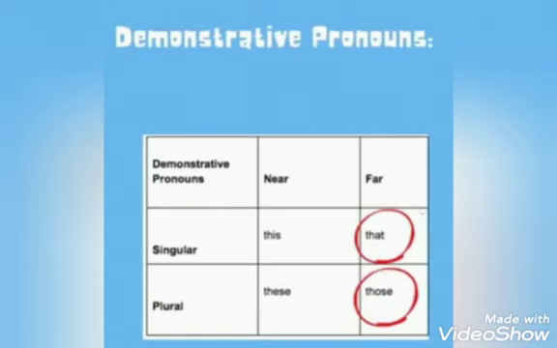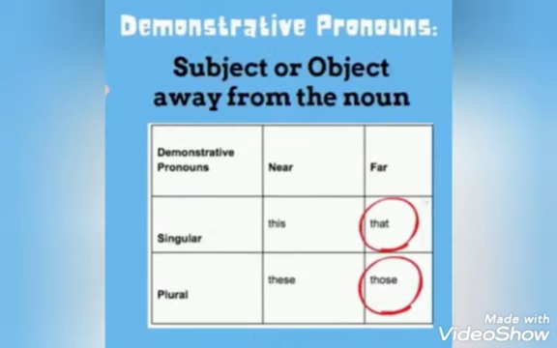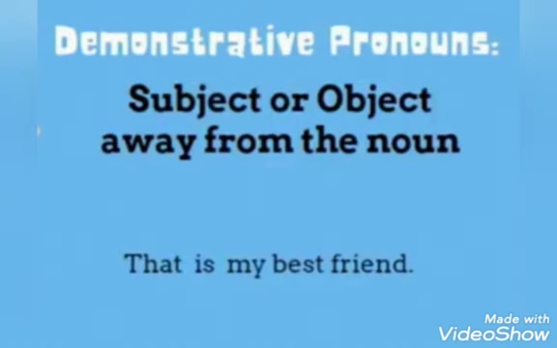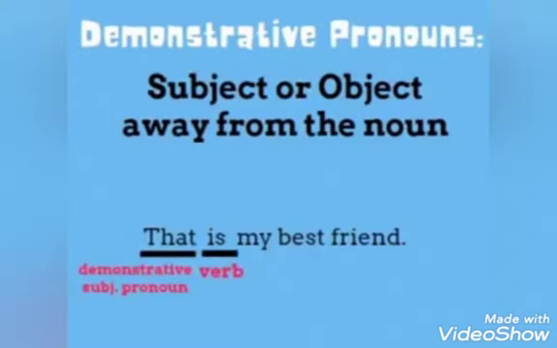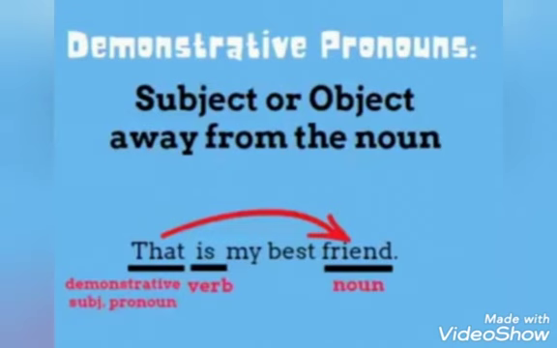The other 2 demonstrative pronouns, that and those, are used to show far in distance or time. Again, the demonstrative pronoun will either be subject or object, and it will again be away from the noun it is pointing out. For example, that is my best friend. That is followed by a verb separating it from the noun that is being pointed out, which is friend.